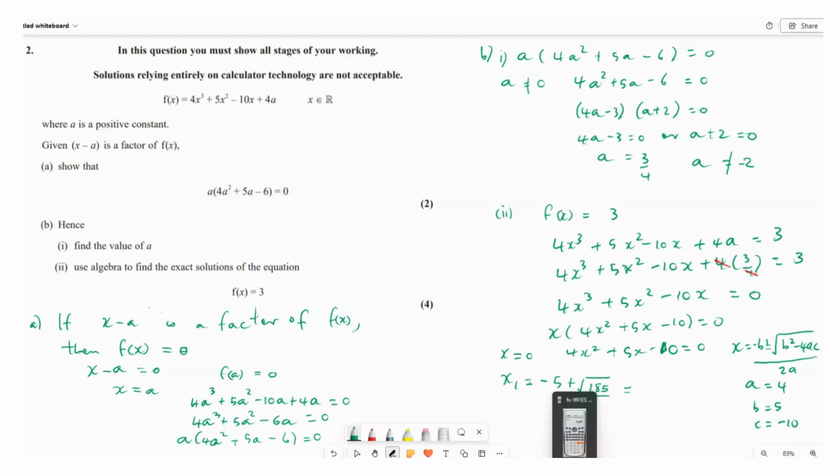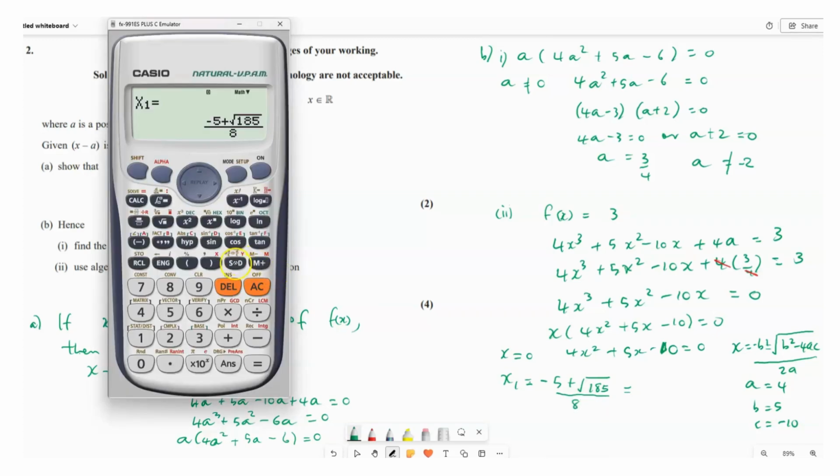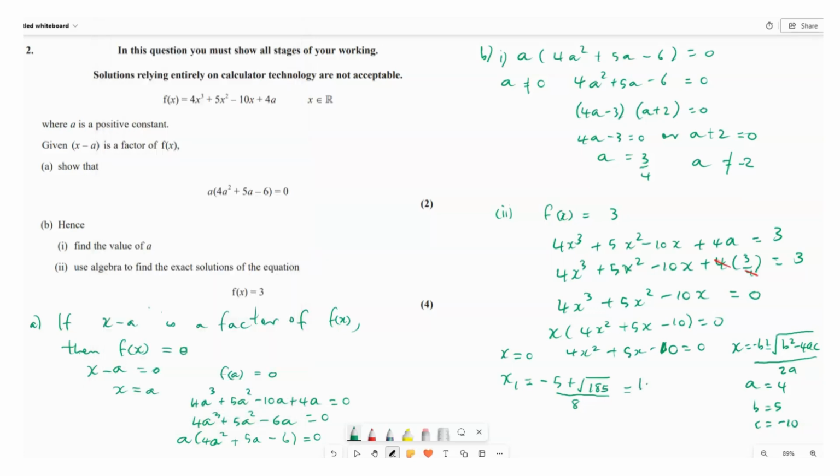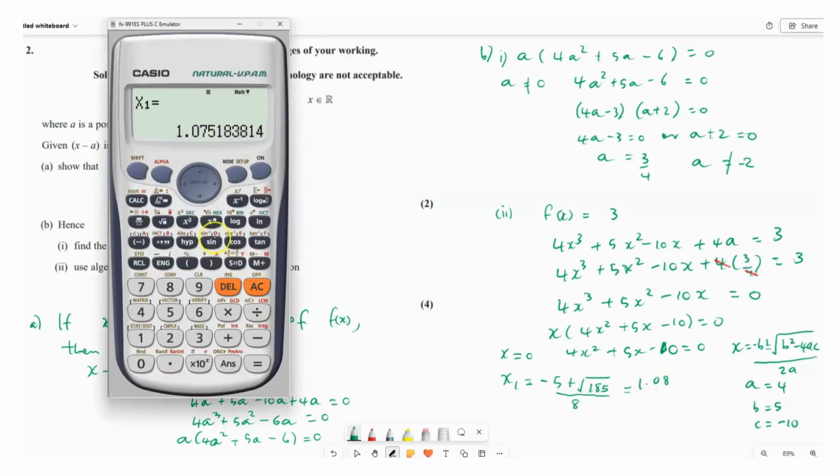Okay, now we're going to round the answer to 2 decimal places. So if we press S to D here, this is 1.08. Let's look at the other x value. You press S to D again, and then you have to go through the whole process. x2 is minus 5 minus the root of 185.